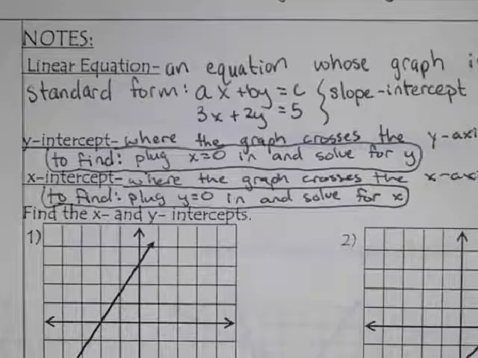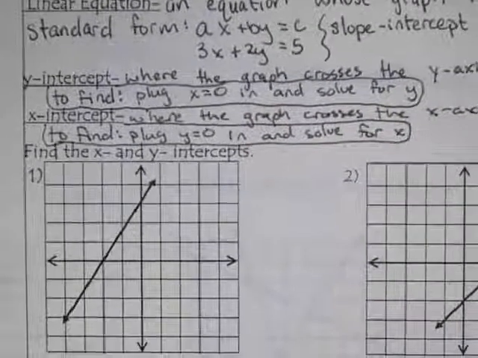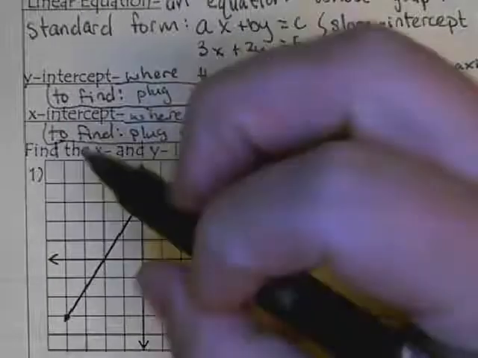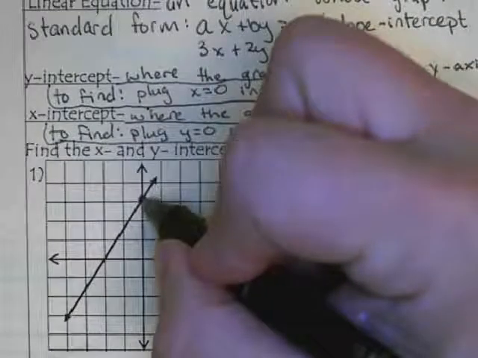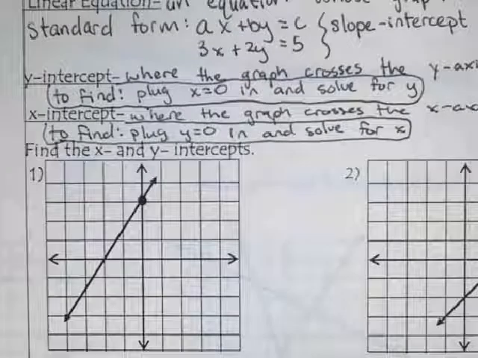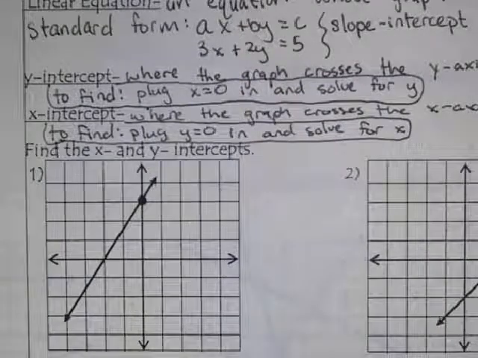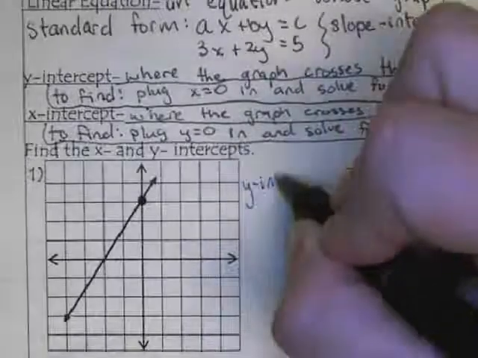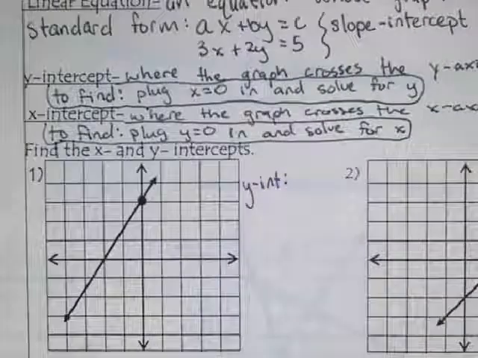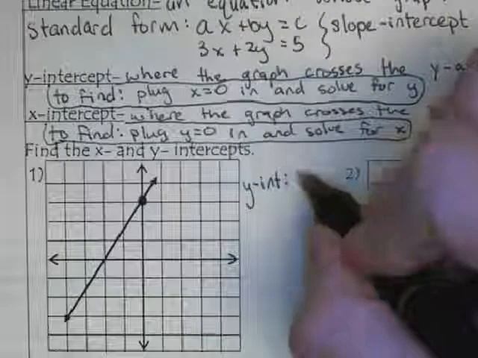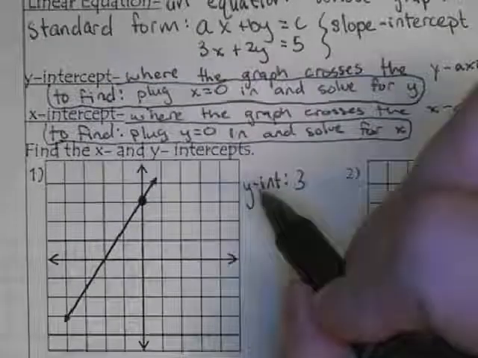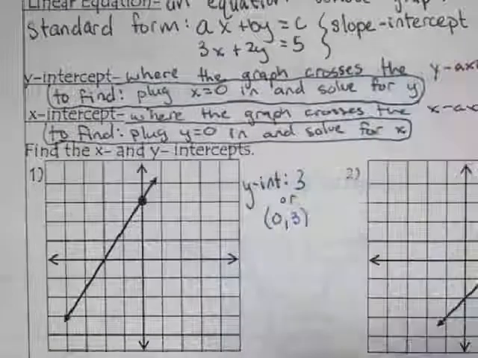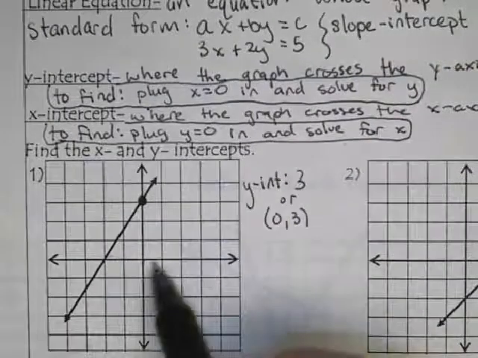So first, let's see if we can identify some x and y intercepts. If I'm crossing the y-axis right there, is that an x or y intercept? Well, it's a y-intercept, so we can say our y-intercept is 3, the y value where it crosses the y-axis, or the point 0, 3, where x is 0, no left or right movement, and then we went up 3.